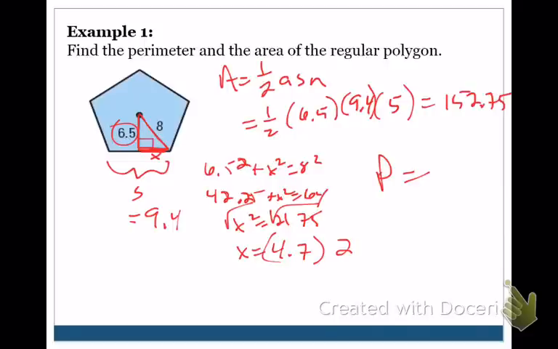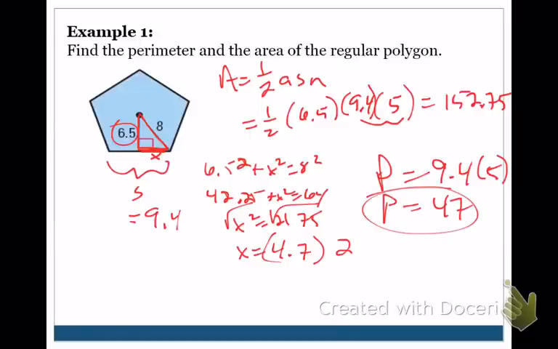The perimeter just comes from this, 9.4 times 5, and you get 47. Okay? So I had to use Pythagorean theorem here.